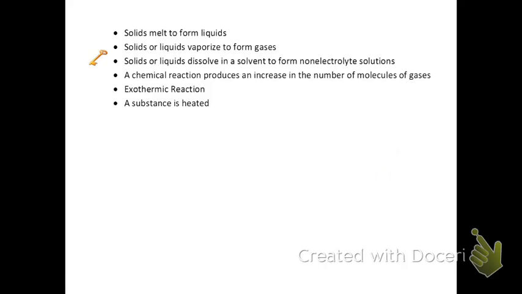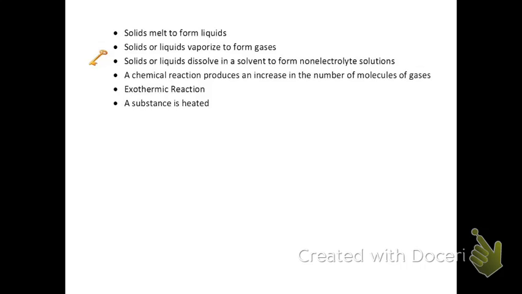Okay, the first one, I think you can look at this as obvious. If a solid melts to form a liquid, what's going to happen here as far as entropy change? Well, if a solid is an organized piece of matter and a liquid is more disordered, then the entropy should increase as we go from a solid to a liquid.